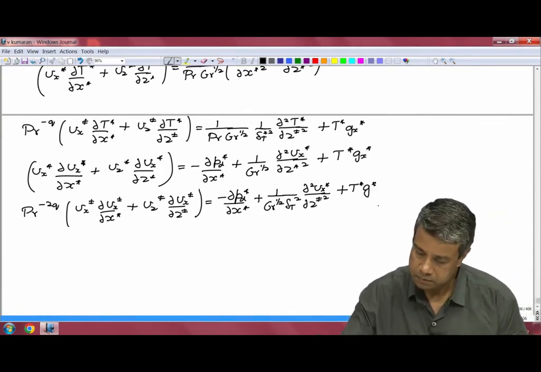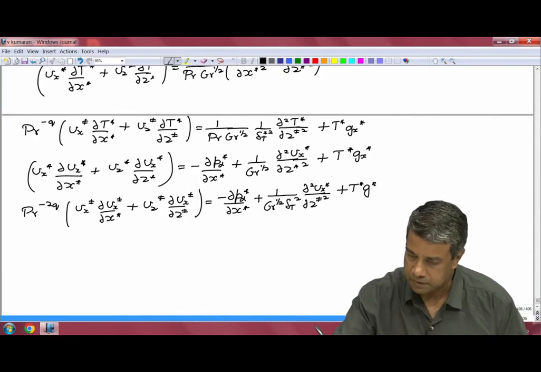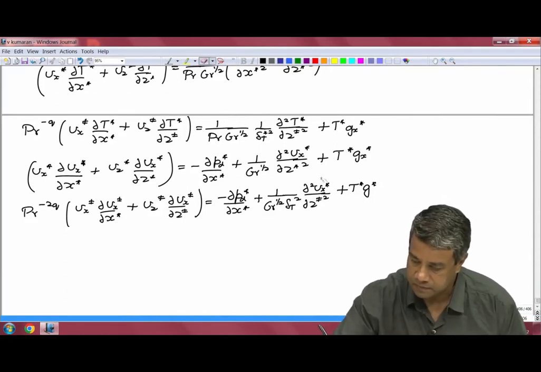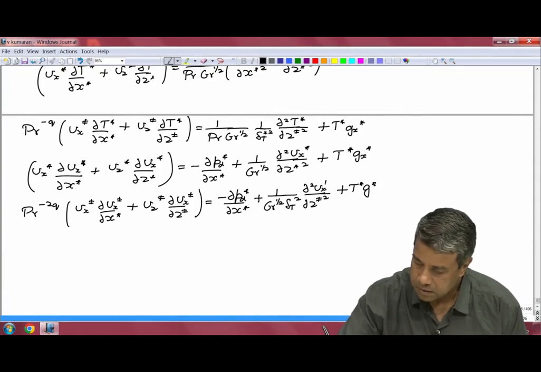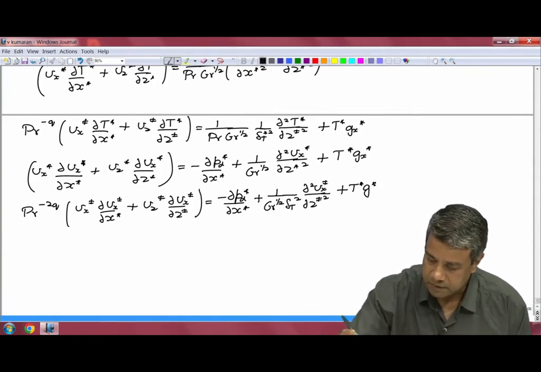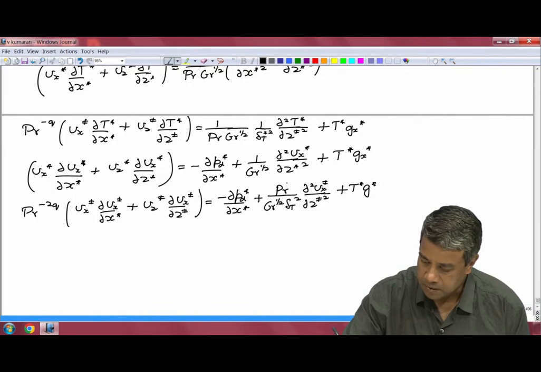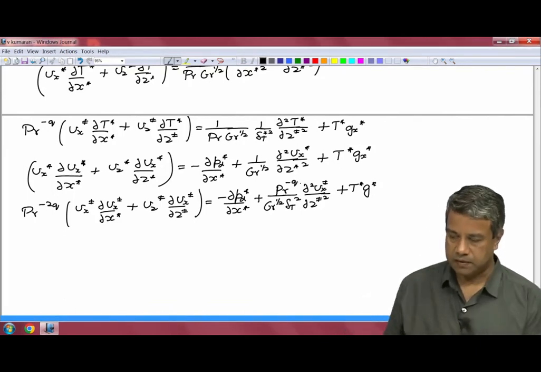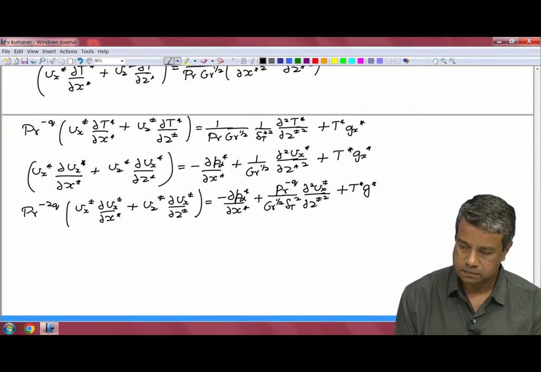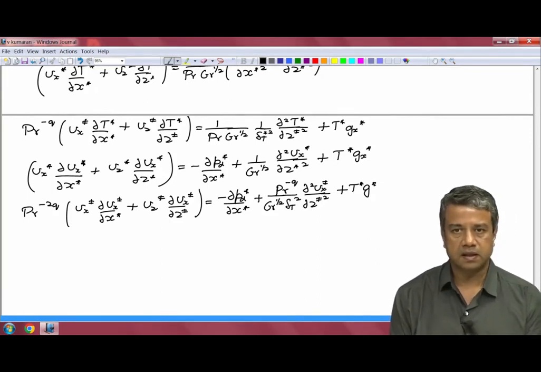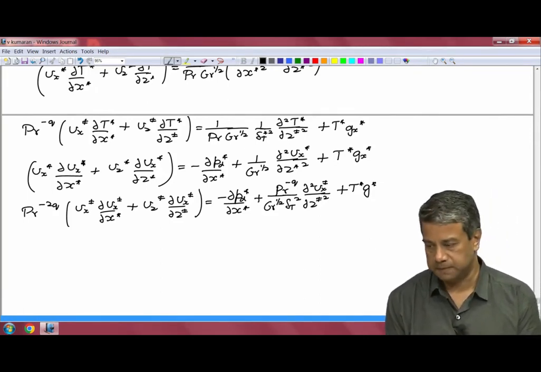Also I have to write velocity in terms of Vx double dagger, and therefore I will have a factor of Pr power minus q here, when I express Vx star in terms of Vx double dagger.